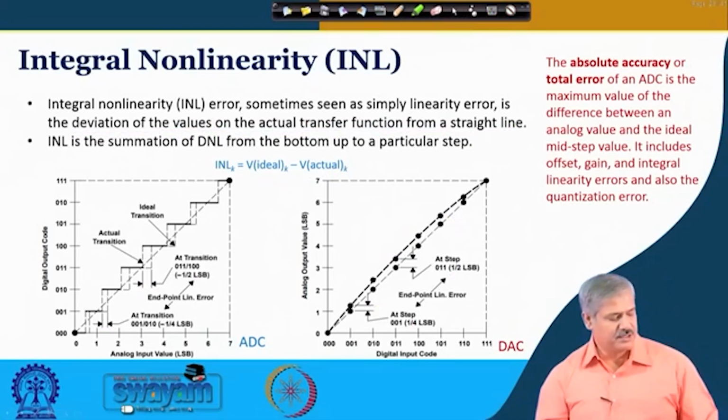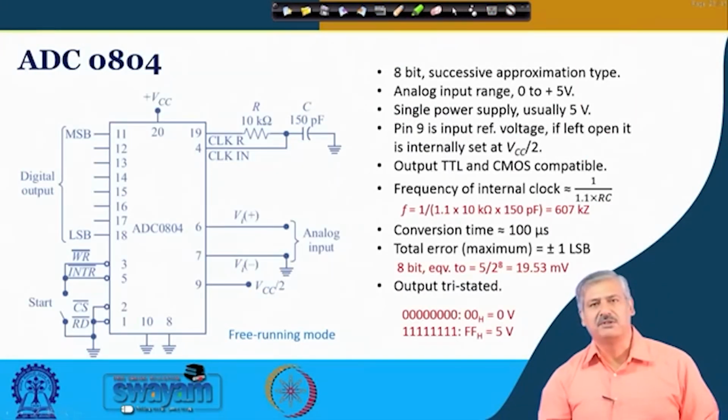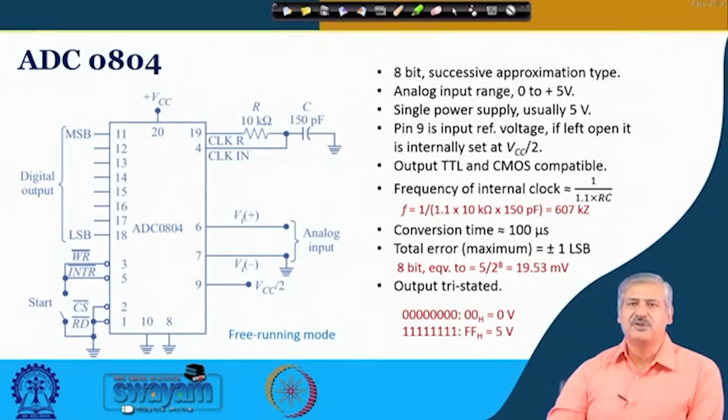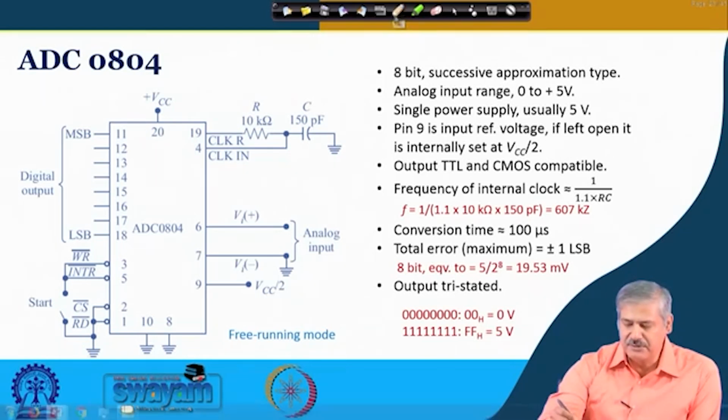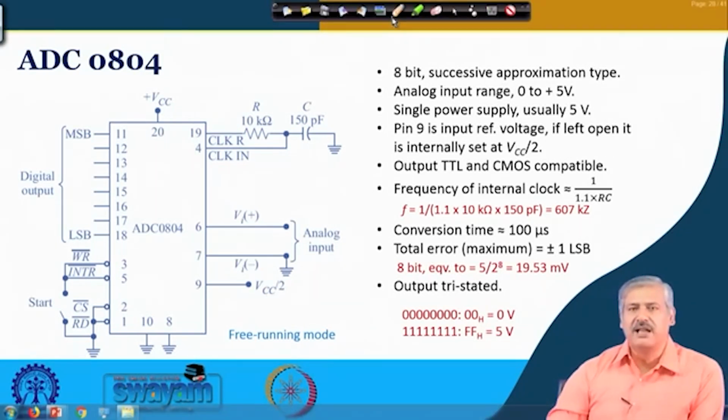Now we look at one particular ADC, because we have not discussed any ADC circuit IC example in the previous classes. So we take this opportunity to introduce ourselves to ADC 0804. This ADC 0804 is popular, and you often use it in the lab.